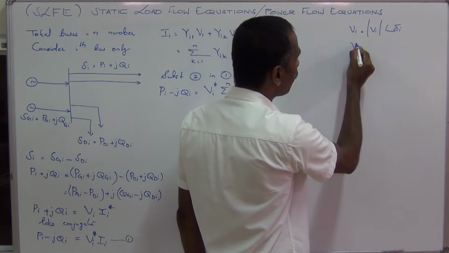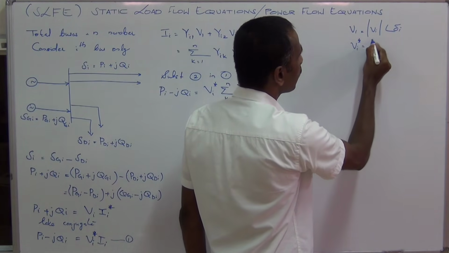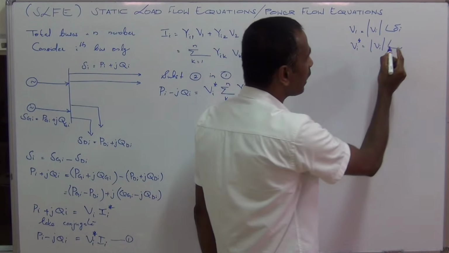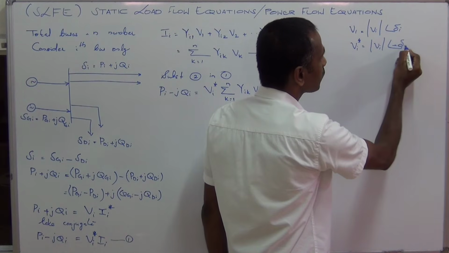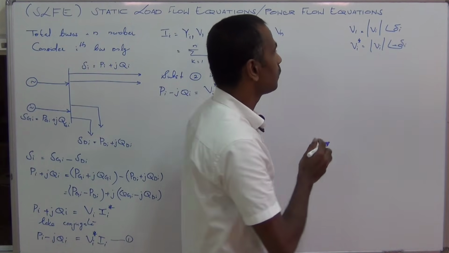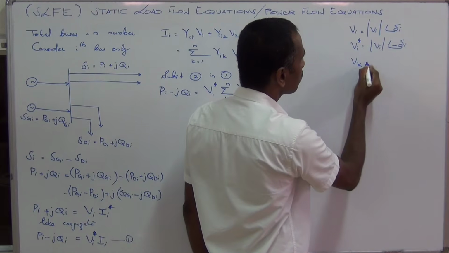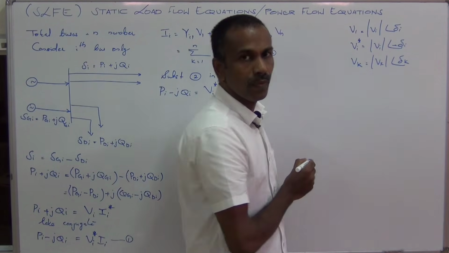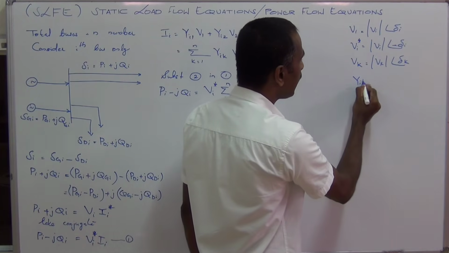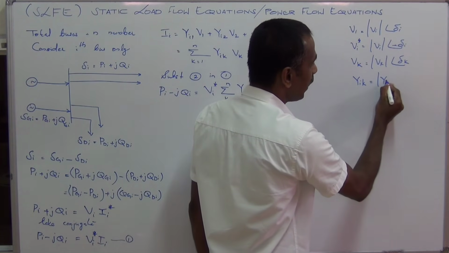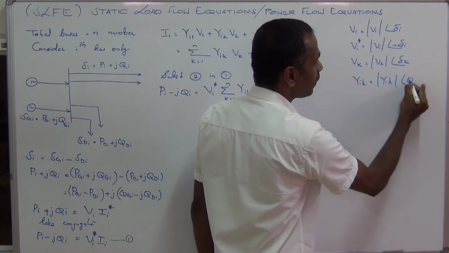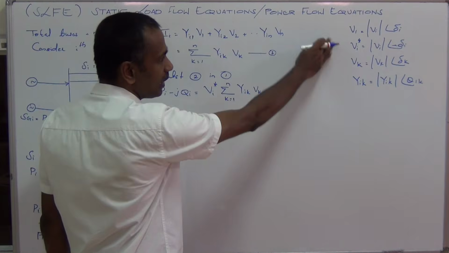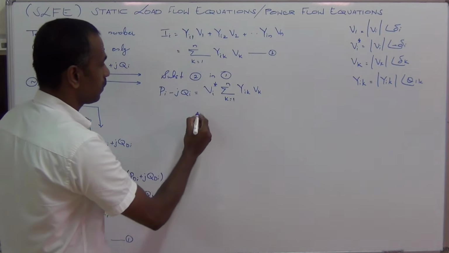So what is the conjugate? Vi conjugate equals Vi. When you take the conjugate, the sign of the angle will be changed, so it becomes minus delta i. What is Vk? This is Vk angle delta k. And the admittance Yik can be written as the magnitude Yik angle theta ik. Now let us substitute these terms in this equation.